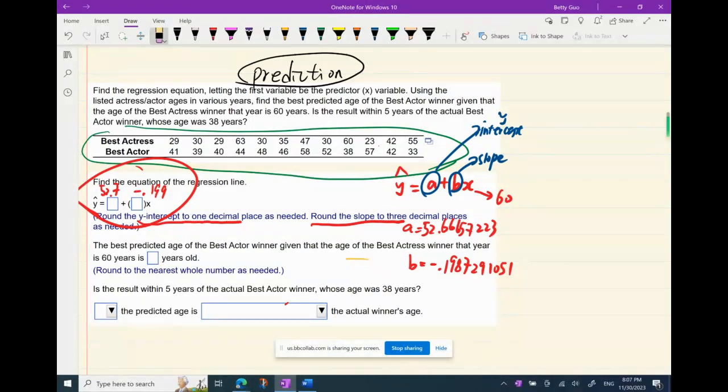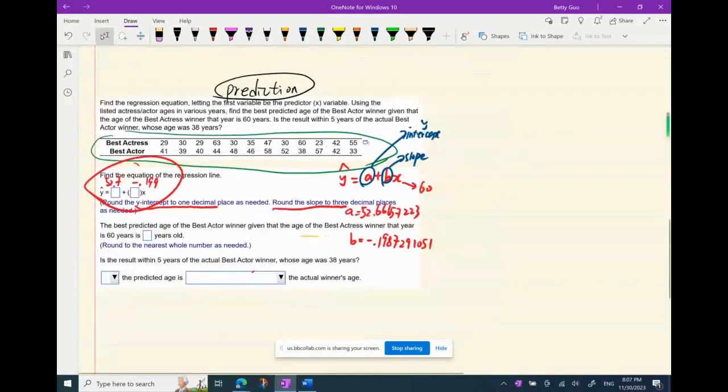Do you see the scatter plot? My scatter plot in this case looks like this.